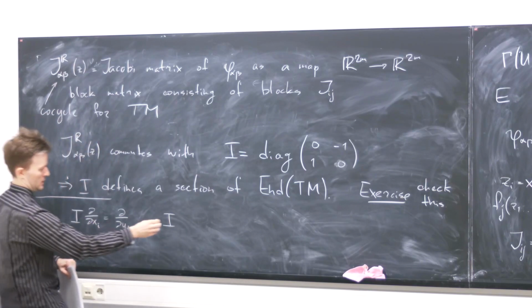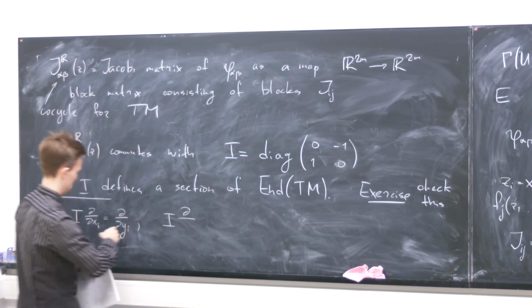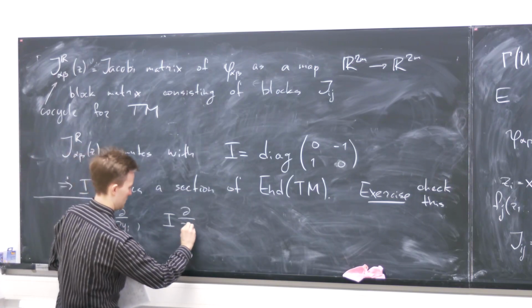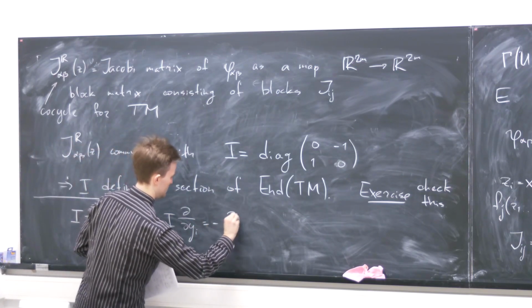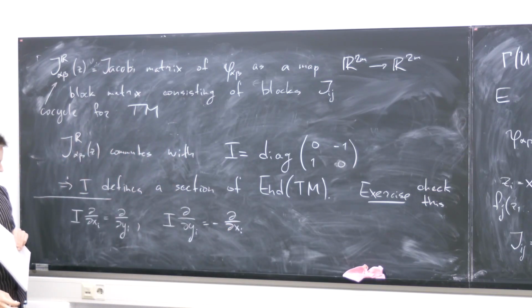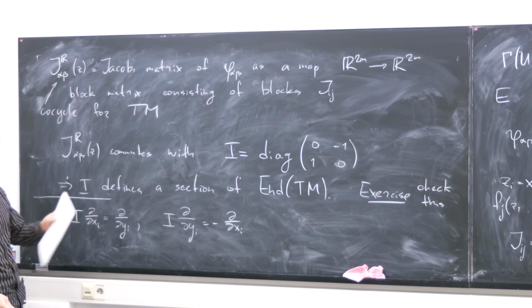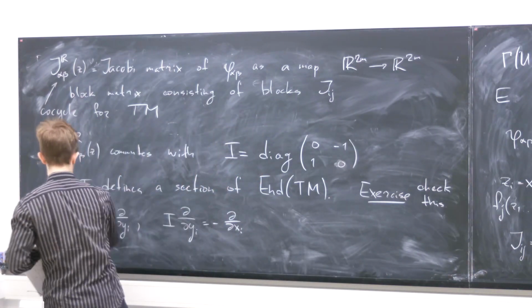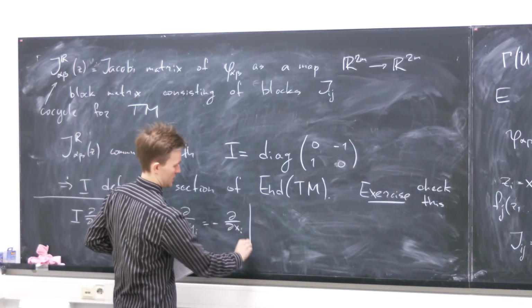So I times d over dxi equals d over dyi, and I times d over dyi is minus d over dxi. Right, so we can consider the eigenspaces of this operator in the complexified tangent bundle. So these are the usual holomorphic and anti-holomorphic vector fields.